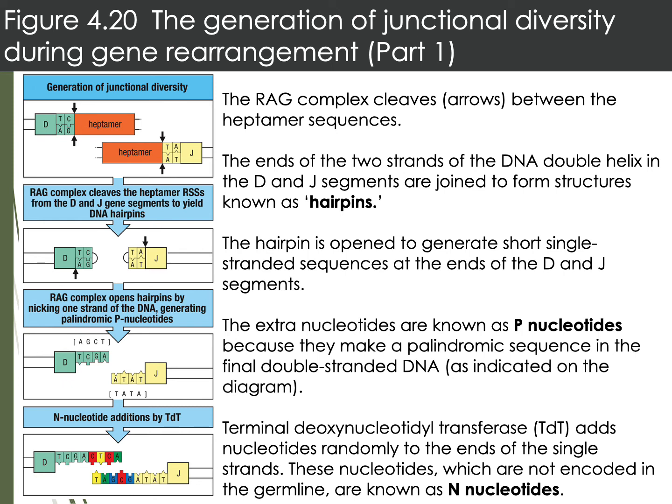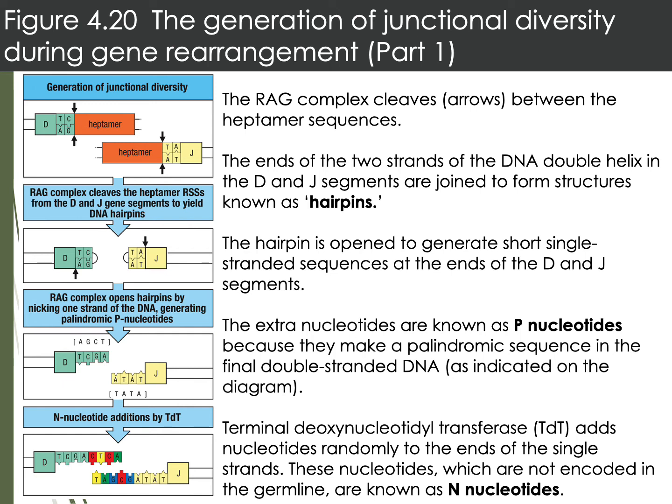Then what happens, this ends up being known as P nucleotides, okay? They actually create a palindrome, so that's where the P comes from, palindrome. Then we have TdT, which is a transferase enzyme that comes in and randomly adds nucleotides. So this stuff is not coded.